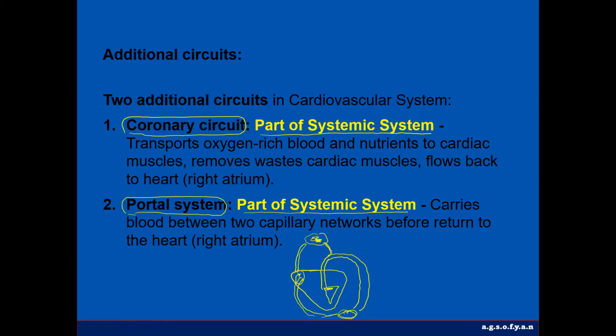And then over here, this aorta will also branch and carry the blood to the heart muscle itself. Okay, so this is what we call the coronary circulation. From the heart muscles, the blood will also return into the right atrium over here.